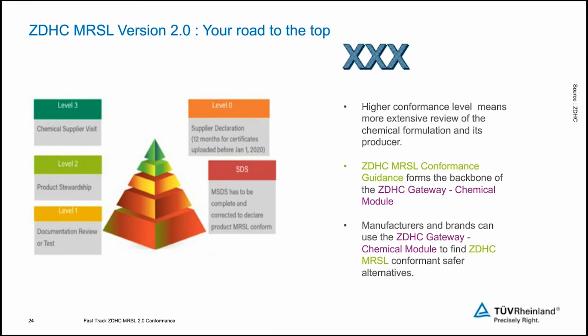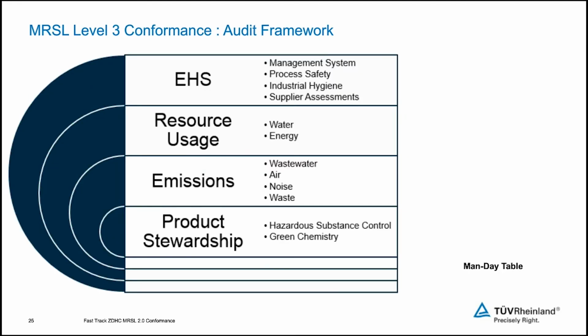In the previous slide, I was introducing the conformance level system. As said before, level 2 and level 3 require a document review, and level 3 additionally an on-site verification audit. In the following slides, we would like to briefly introduce the TÜV Rheinland audit framework and assessment. The audit is covering topics like EHS, resource usage, emission, and product stewardship.